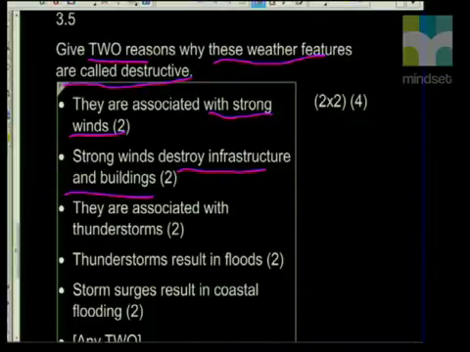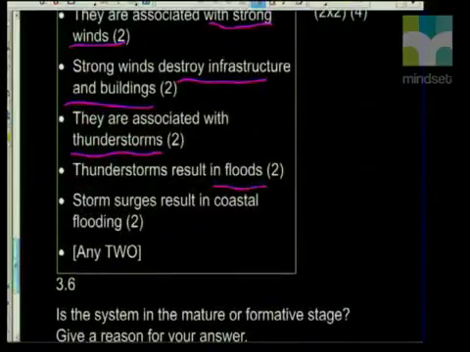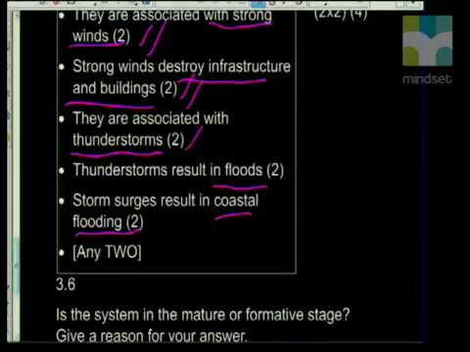They are associated with thunderstorms or torrential rainfall, massive amounts of rainfall for a long period of time. Floods, especially in the coastal areas. We talk about storm surges. All of a sudden, we've got these huge clouds coming in, causing massive rainfall over the area. So that is why they are destructive. Any two of these would give you your total of 4 marks.